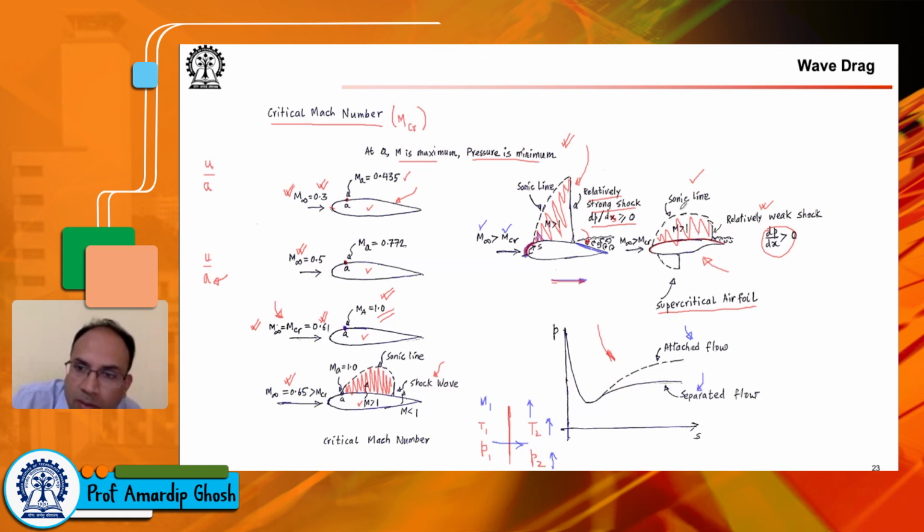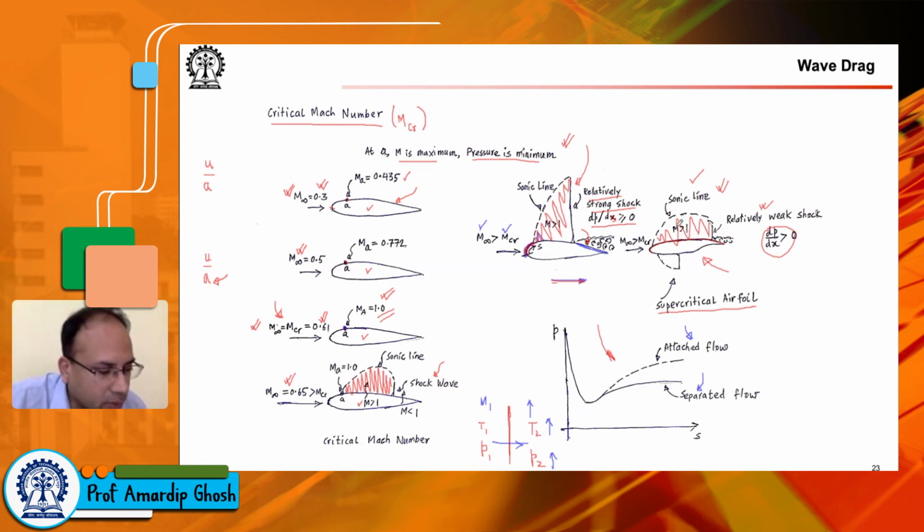Of course the shock wave still creates a large dp/dx, but compared to this one, it's not. This is not a supercritical airfoil. This is just a normal airfoil. However, for the supercritical airfoil, you see that something has been done because of which the flow does not reach very high supersonic Mach numbers, and if it does not reach high supersonic Mach numbers, then it terminates in a weak shock wave.